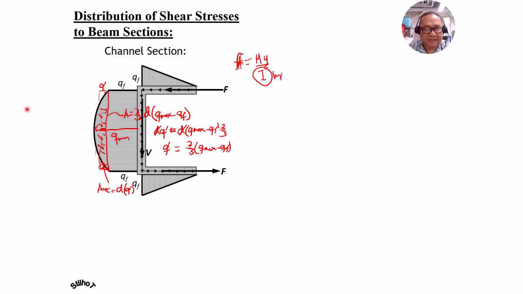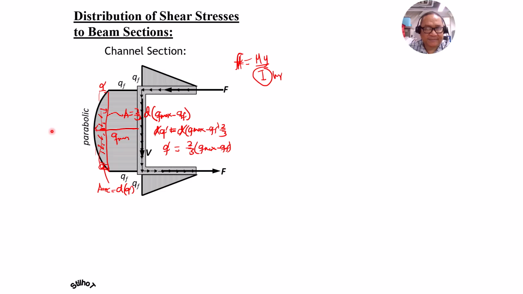So that's why this is the parabolic part. And the maximum shear stress occurs at the neutral axis. So because this is parabolic and this is QF, we will denote the maximum shear stress as Qmax.